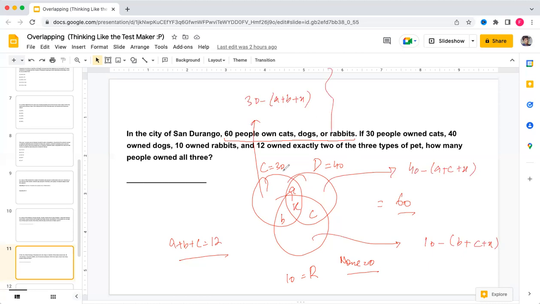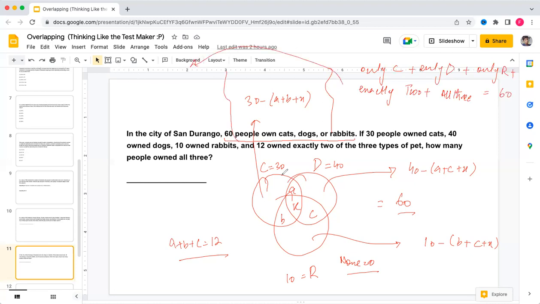So what is that value? If I solve this, first I add only cat plus only dog plus only rabbit plus exactly 2 plus all 3, which must equal how much? 60. So let's solve on this side.